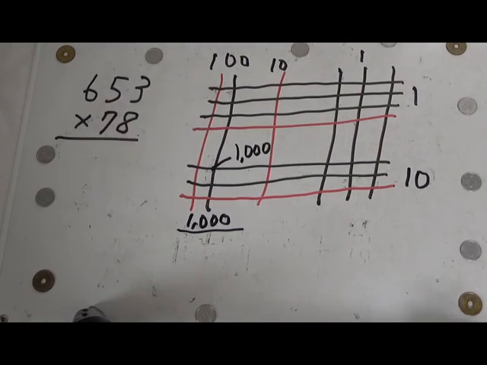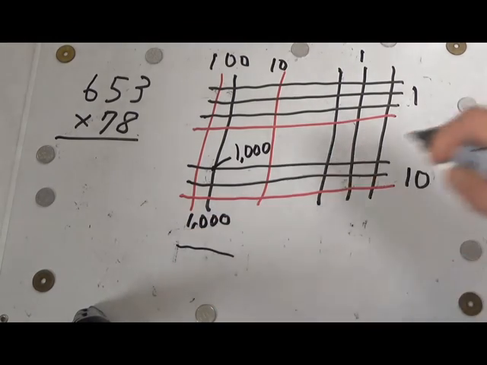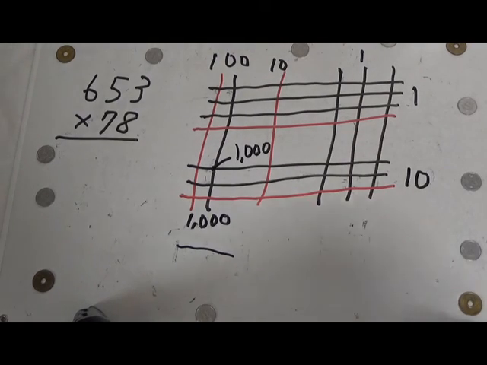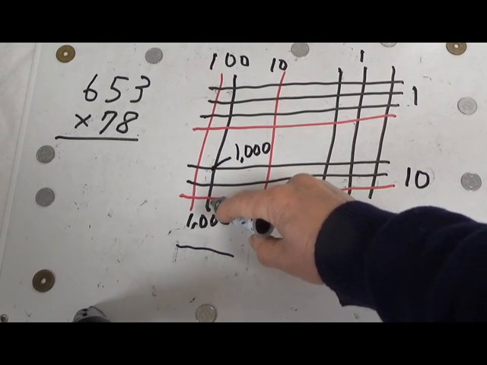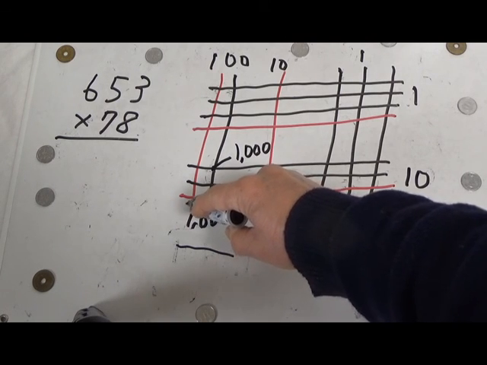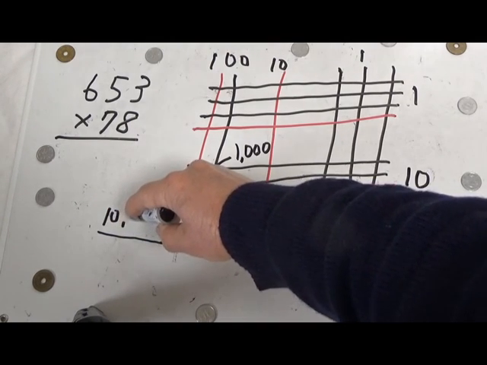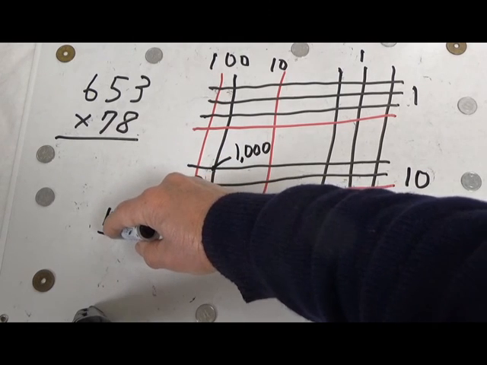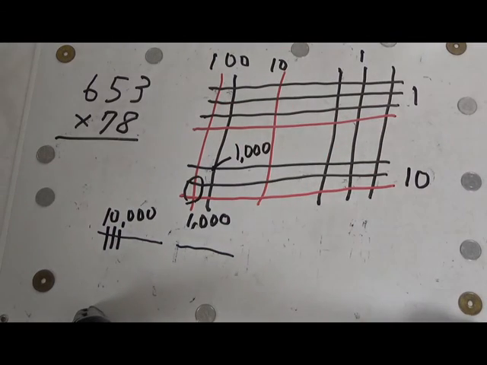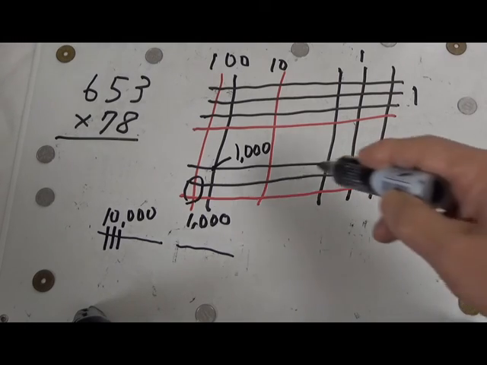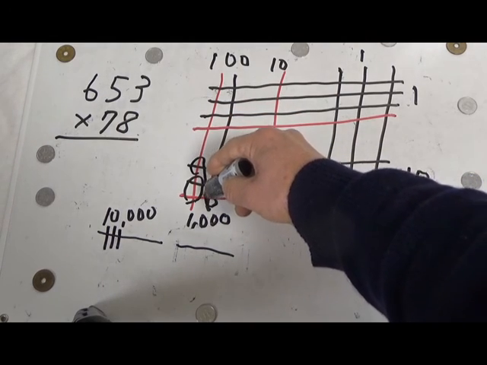These are 30 times 1000, that is 10,000 times 1000, and this is 5 and this is 5, so this is 10 times 1000.